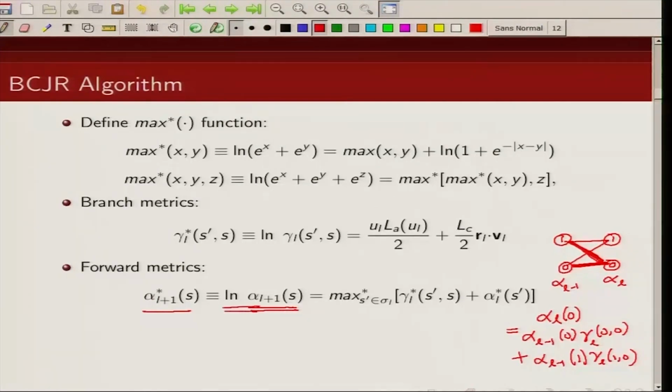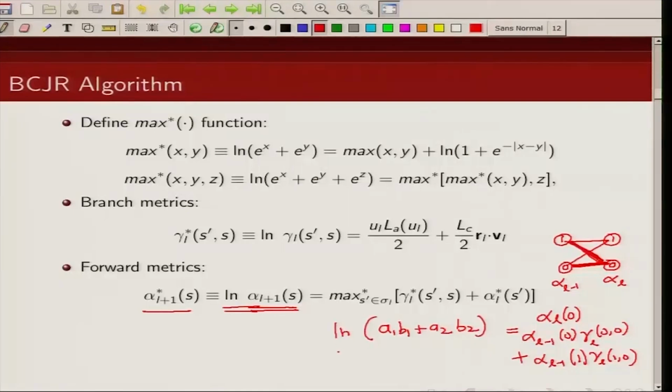So what's going to happen here? You have the log of summation terms. Think of terms of the form a1 b1 plus a2 b2, and we are taking the log of this.